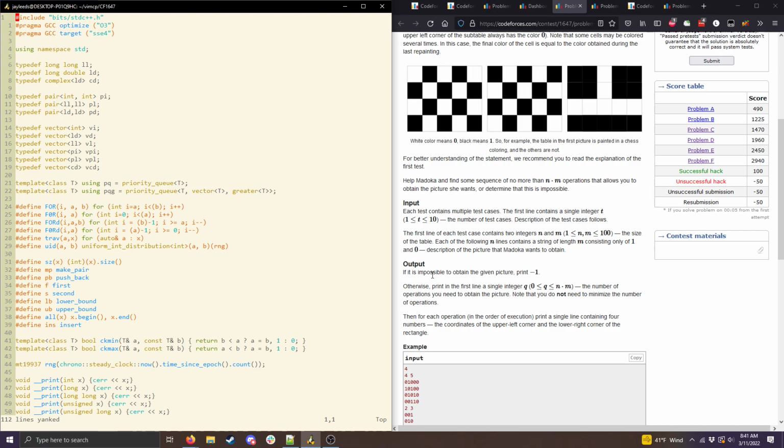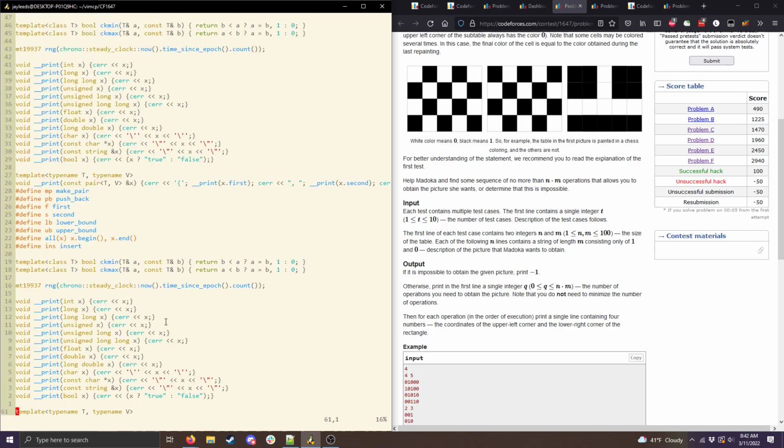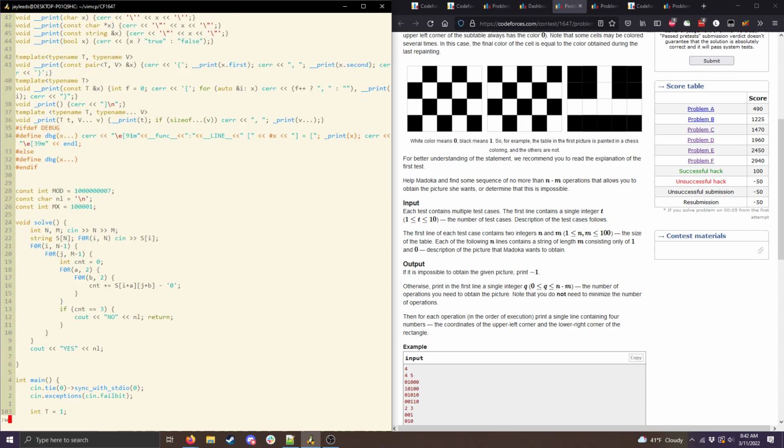I do not appreciate that they're making us actually do the reconstruction.